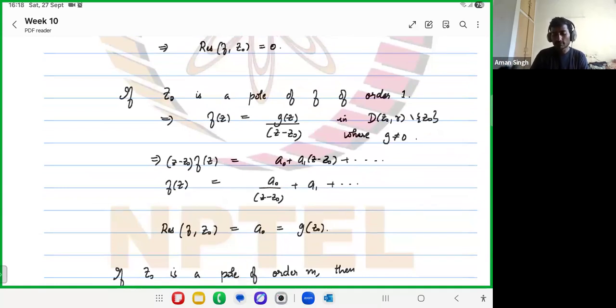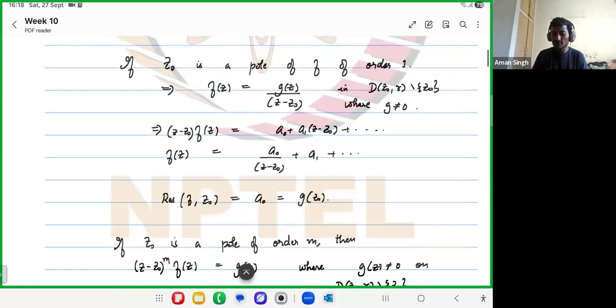When we have a pole, z naught, for example, then f is something analytic, g of z, divided by, if it is an order m pole, z minus z naught to the power m. It looks like this. Okay, so here, because it is a pole of order 1, it starts from 1 by z minus z naught and then positive degrees.